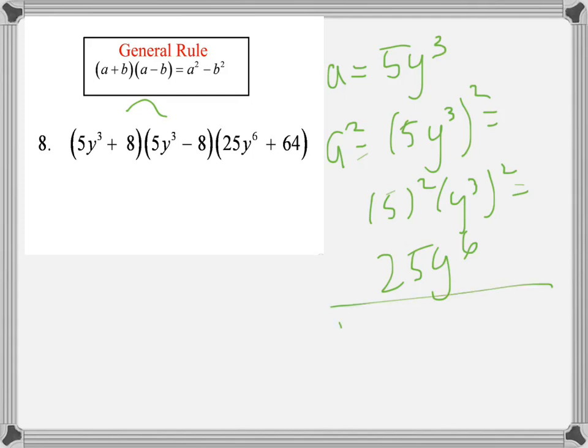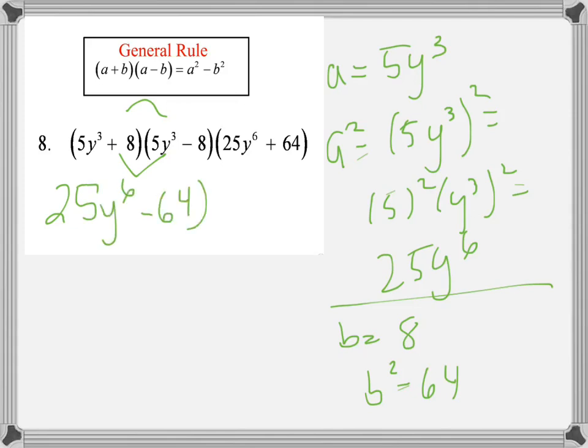And then our b term is 8, so b squared is 64. So the product of these two right here is 25y to the 6 minus 64. And then we bring down that last binomial.